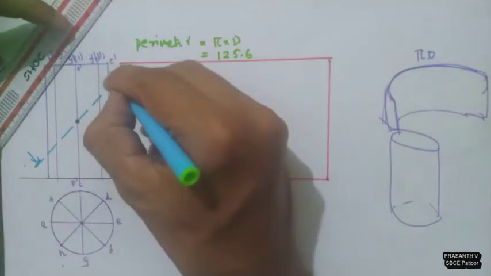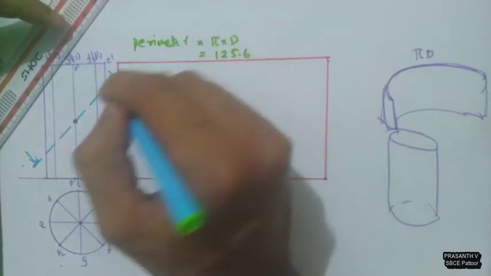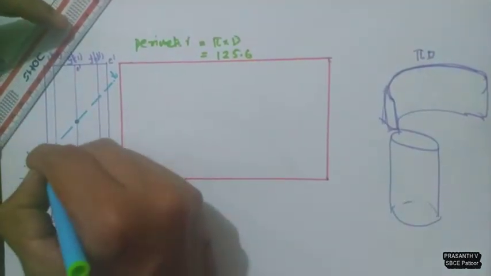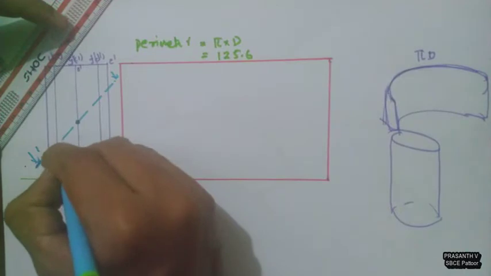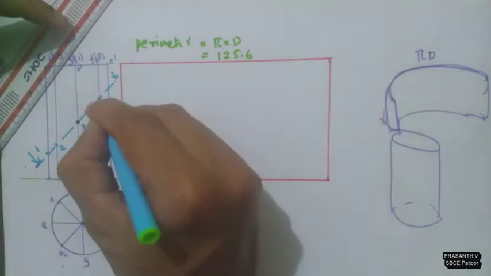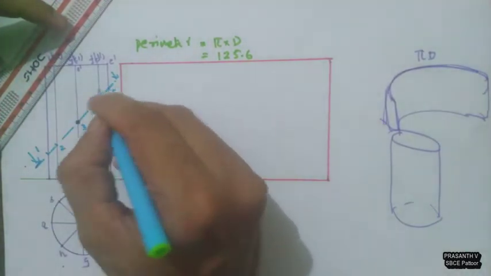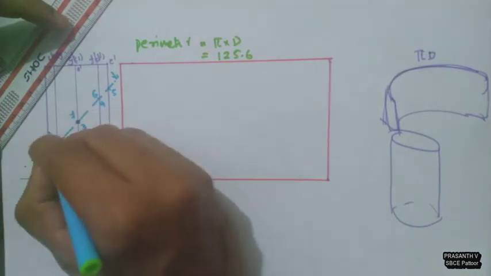You can see this is the section plane, and we can name the cutting points 1, 2, 3, 4, here it is 5, 6, 7 and 8.